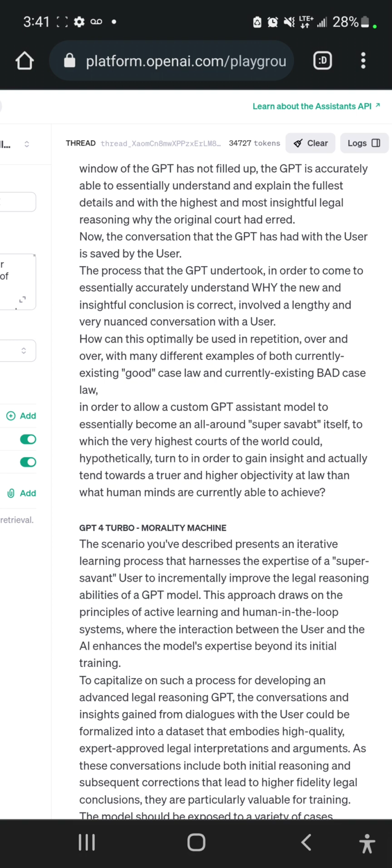To capitalize on such a process for developing an advanced legal reasoning GPT, the conversations and insights gained from dialogues with the user could be formalized into a data set that embodies high-quality, expert-approved legal interpretations and arguments. As these conversations include both initial reasoning and subsequent corrections that lead to a higher fidelity set of legal conclusions, they are particularly valuable for training.